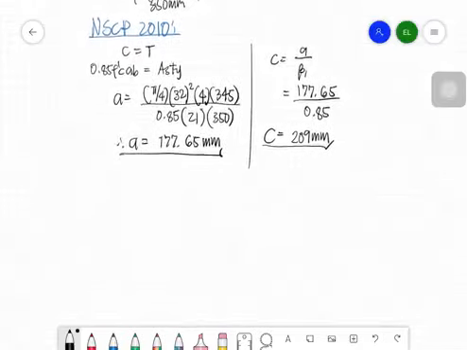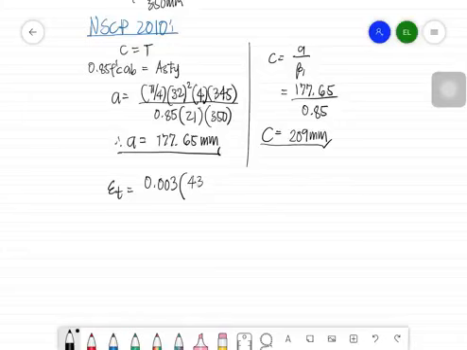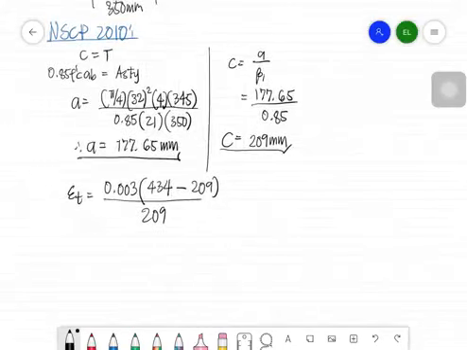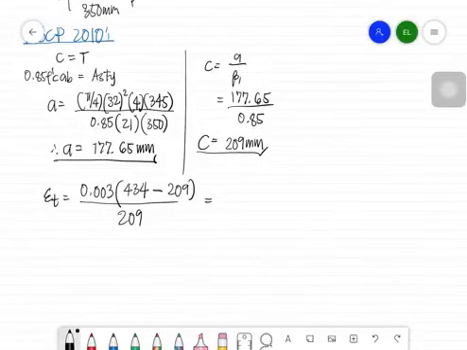Let's proceed to the second step, which is to calculate strain T, equal to 0.003 times 434, this is d, minus c, 209, all over c, which is 209 again. So this is 0.00332.